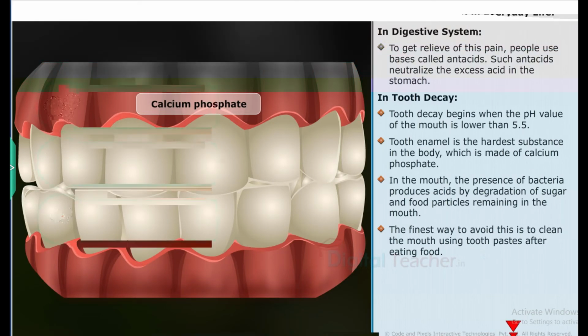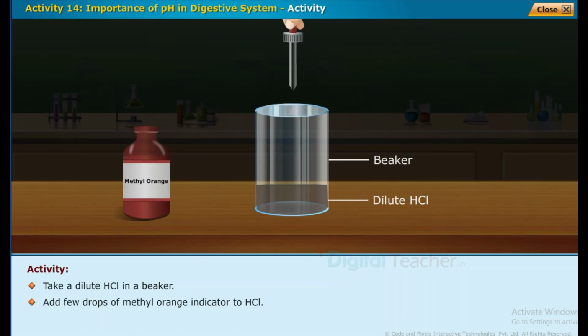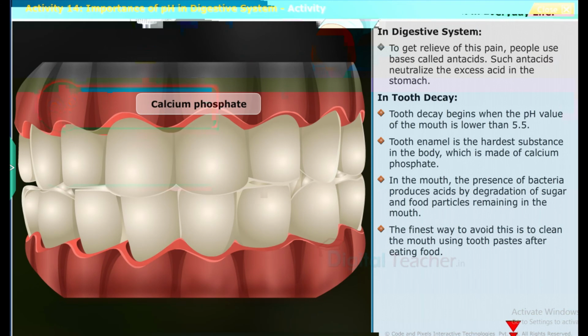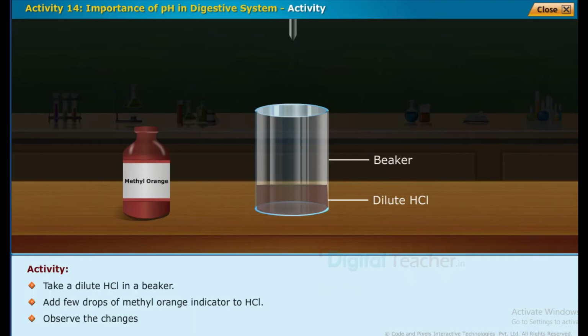Let us do an activity to understand the importance of pH value. Click each tab to learn more. Take dilute hydrochloric acid in a beaker. Add a few drops of methyl orange indicator to the hydrochloric acid. Observe the changes.